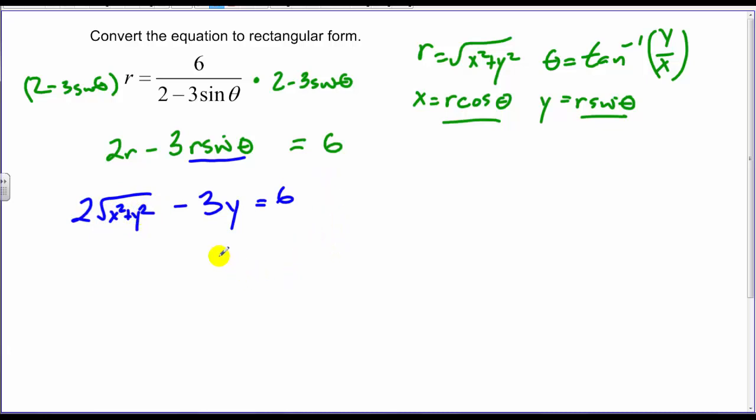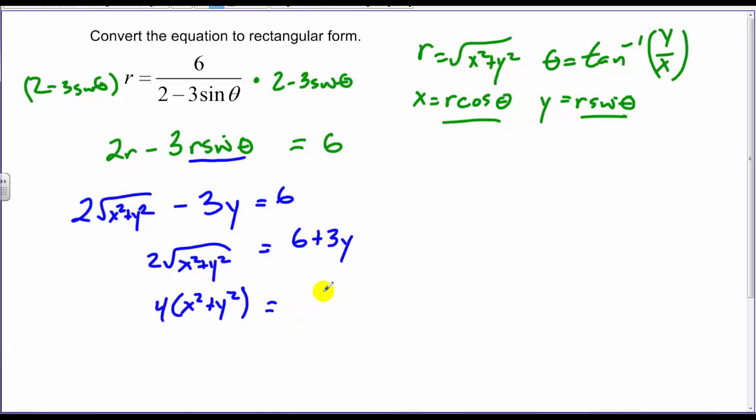And now what's going to be left to do is get rid of this square root. I'm going to bring the 3y over and get 6 plus 3y is equal to 2 roots of x squared plus y squared. Square both sides, giving me 4 times x squared plus y squared.